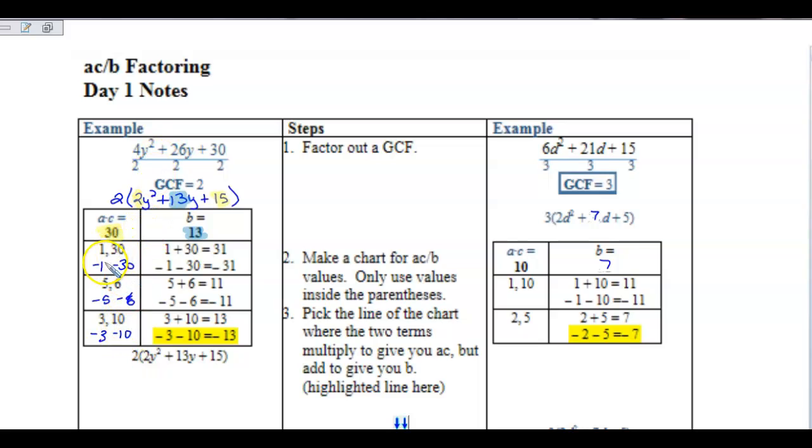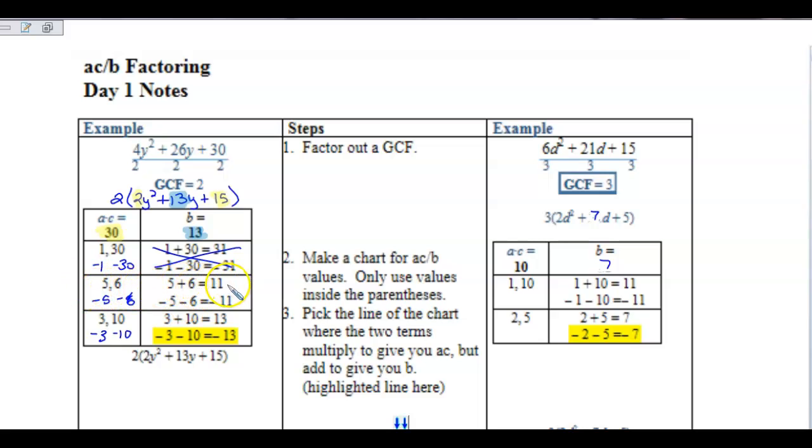Now the sum of the factors of 30 should equal 13. So I'm going to add the factors. 1 plus 30 is positive 31. And if I add negative 1 plus negative 30, I get negative 31. Neither one of these are 13, so they don't work.